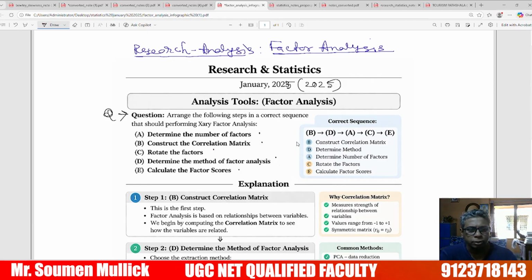So what is the correct option? The correct sequence is B, D, A, C, E. B for construct correlation matrix, D for determine method, third step determine number of factors, fourth step rotate the factors, fifth step calculate the factor score.